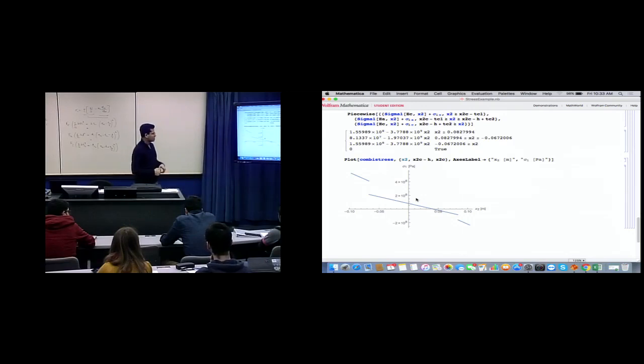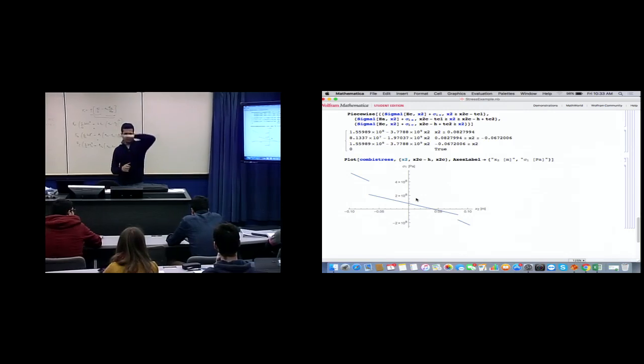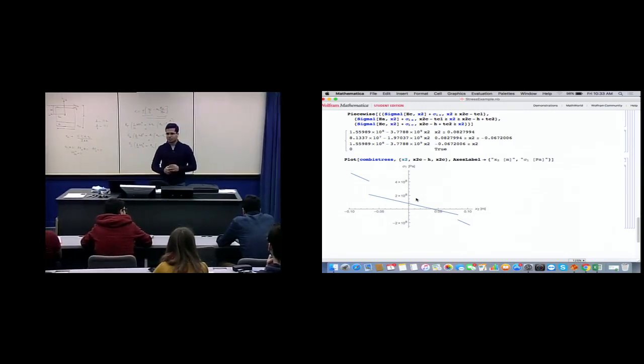The stresses are 0 at some positive value of x2, which means the neutral axis has shifted a little upwards because of the application of an axial load. Any questions?